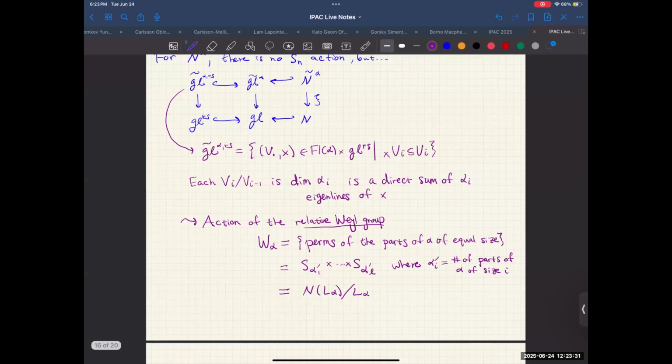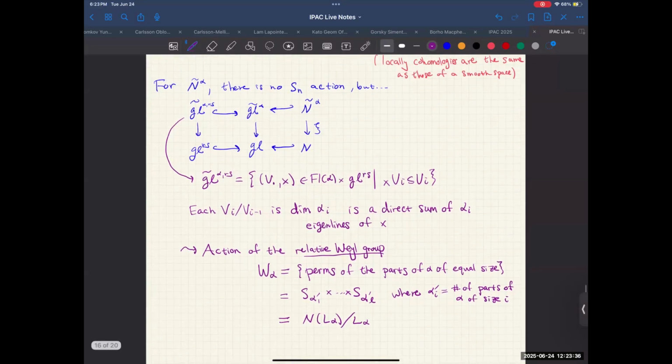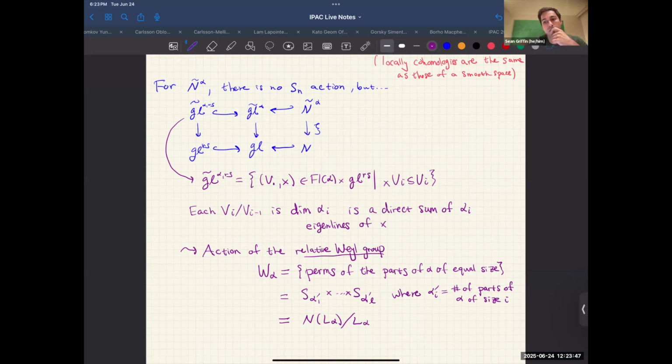So should I think about this as taking the previous picture and taking parabolic invariants, like S_alpha invariants, and then that carries an action of your W_alpha group? If I have any S_n module, I can take the S_alpha invariant submodule, and that submodule will carry an action of W_alpha.